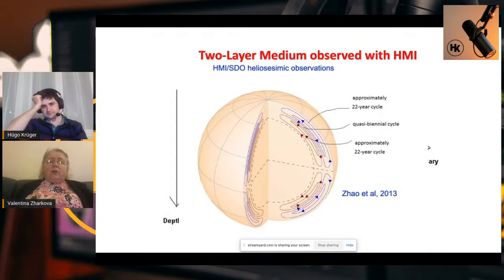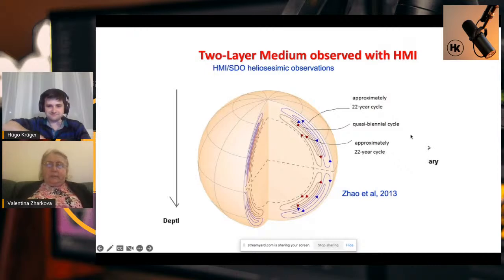We used two layers in the solar interior, because we have two curves. We assume that each curve is produced in a different layer: one at the bottom, close to the tachocline, and another close to the solar surface. And by the way, people confirmed this from helioseismic observations independently. We assumed it, and suddenly after we published, we discovered they had observed it.